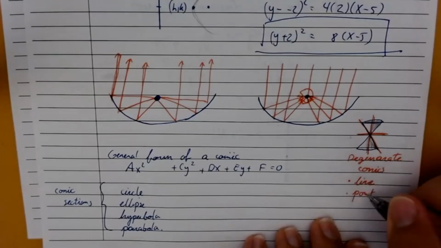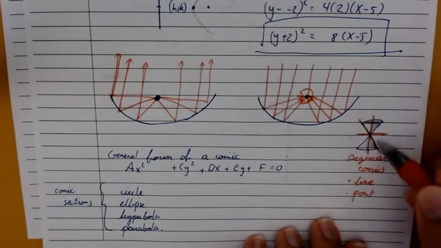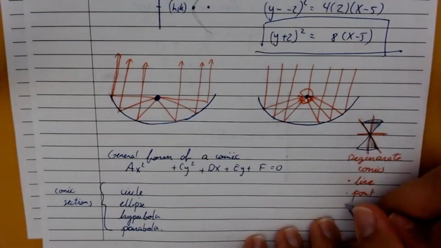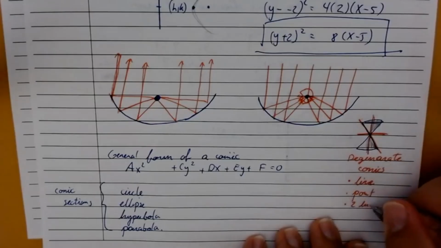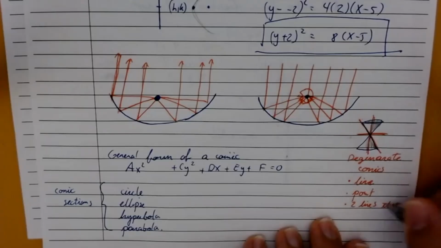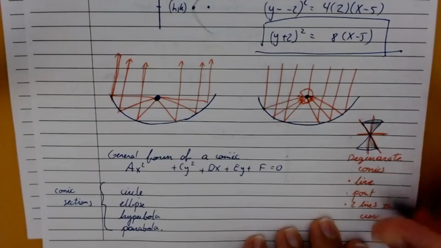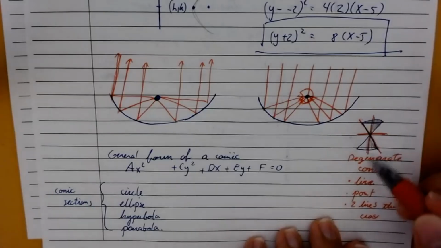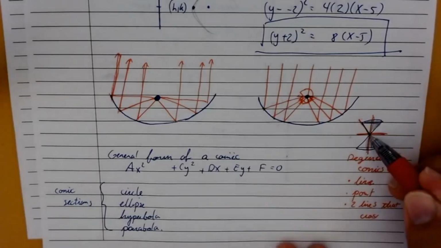So you'll have a line if you cut across diagonally. You'll have a point if you cut right at this intersection. Or you'll have two lines that intersect, that cross, if you cut straight up and down like this, right through the center point.